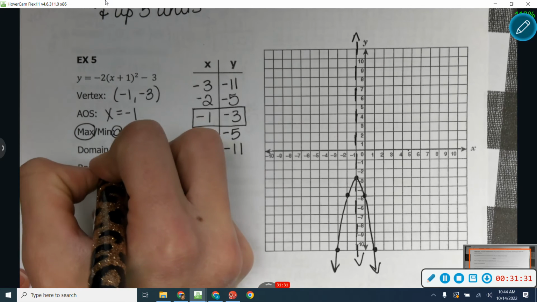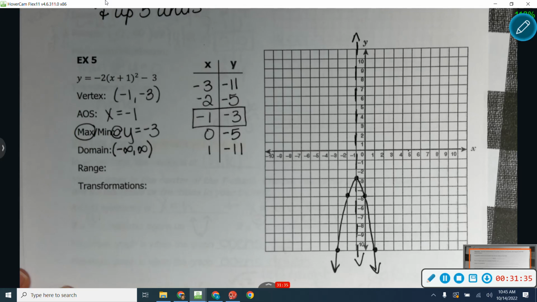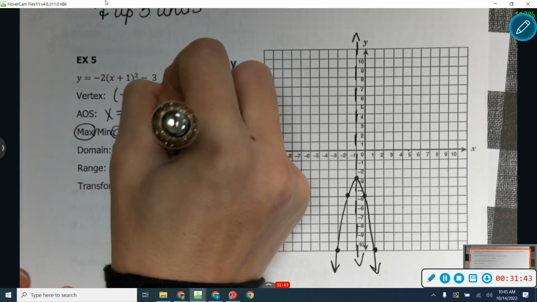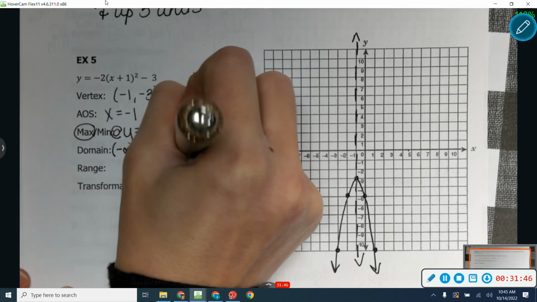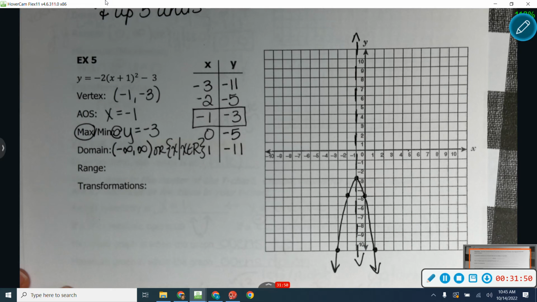My domain stays the same no matter what. Who's all doing interval notation? The rest of y'all are doing set builder? Okay. All right, what's my range going to be?